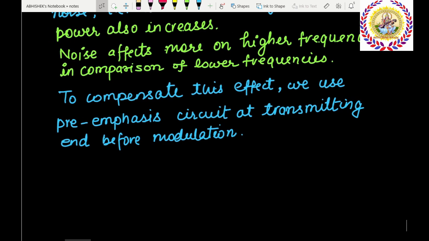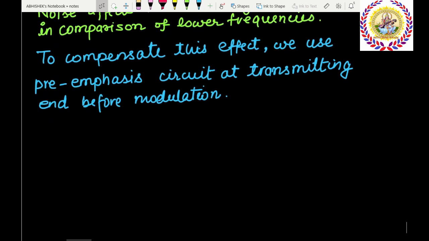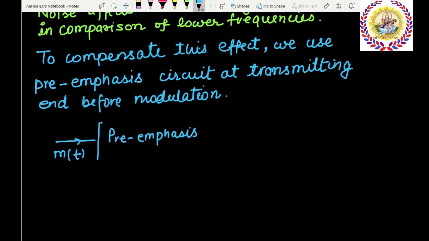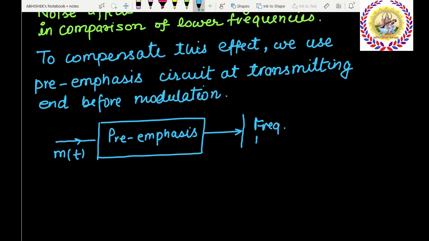We can draw a block diagram to show the position of preemphasis used in the transmitter circuit. This is our m(t) and this is the preemphasis circuit. And the output of the preemphasis is passed towards the frequency modulator. This is the carrier for the frequency modulation and the generated value of phi FM(t).